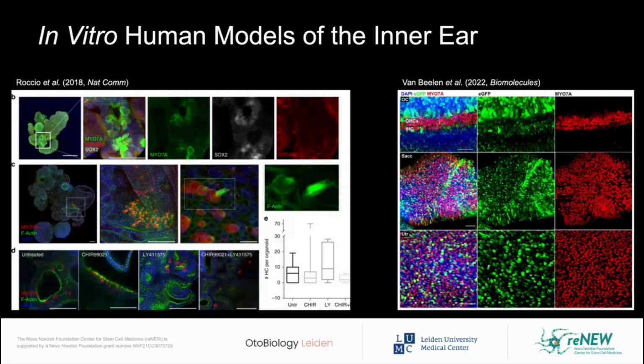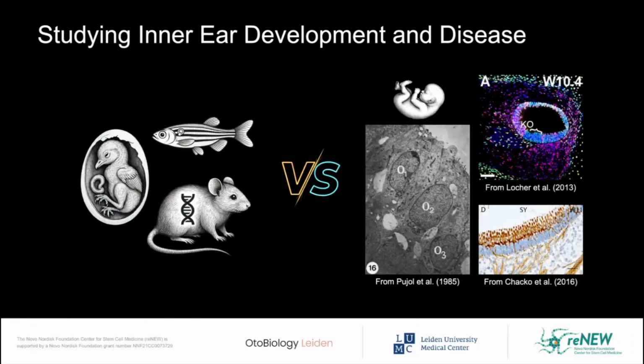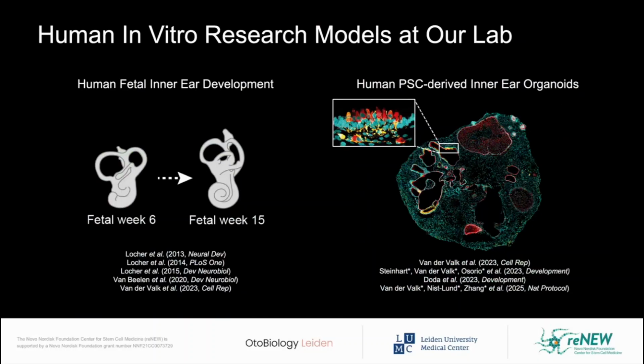And this is an example of some studies in which we treated them with adenovirus to see whether gene therapy would specifically target hair cells or not. So that's the left part of this slide. This is really the human inner ear tissue we're using. And then we, of course, have the organoid model.